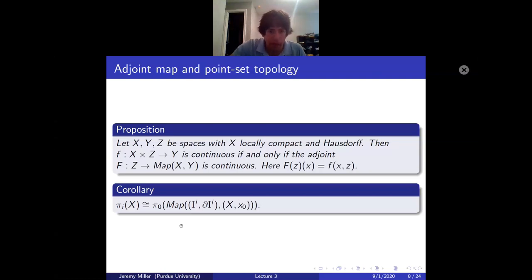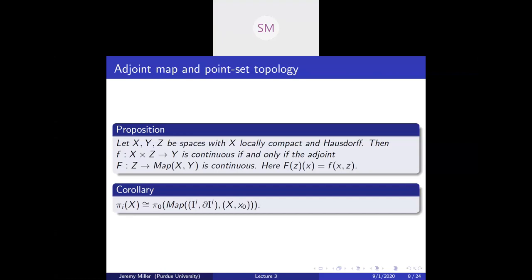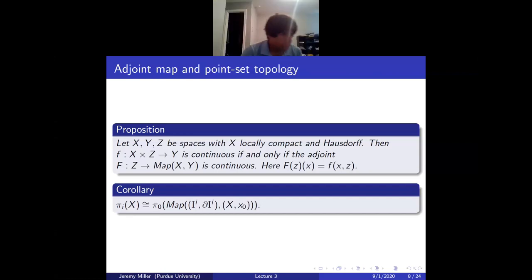So I don't think this corollary has any assumptions on X, but I'm not a careful person. So if someone tells me actually X is the thing that needs to be locally compact Hausdorff, I'll believe you. And that corollary is just as sets because there's no group structure on the right. Yes? Yeah. Okay. No group structure on the right.